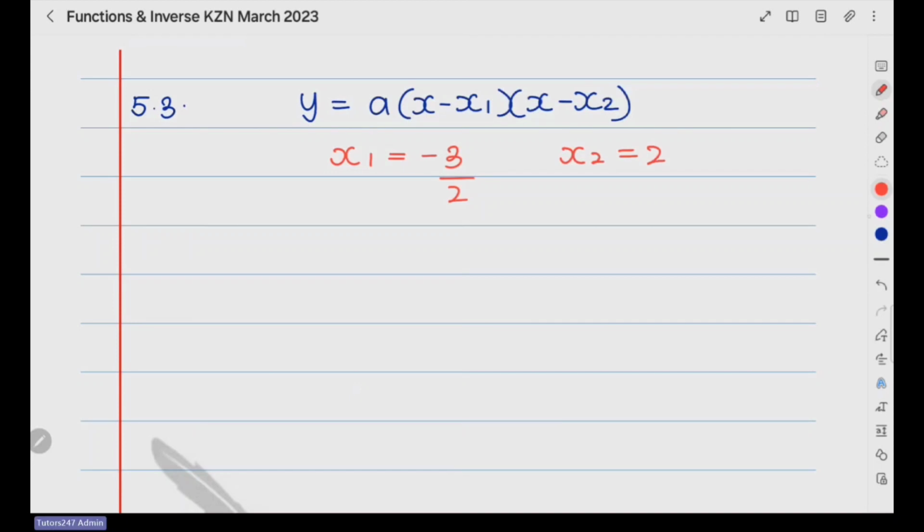We're now going to substitute those values. These are our x-intercepts.